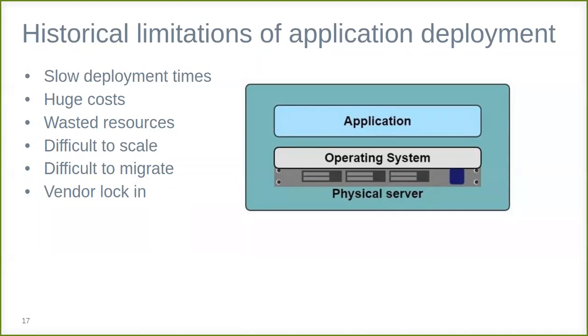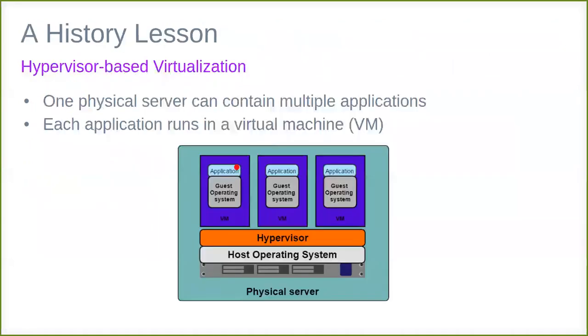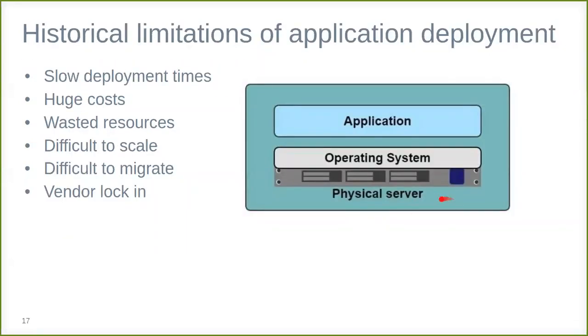We have to get many such physical systems to run so many applications. If we have to run Facebook, Twitter, everything at a time, we have to find a bigger system. That's a huge cost, and it is difficult to scale, difficult to migrate, has vendor lock-in, and slow deployment as well.